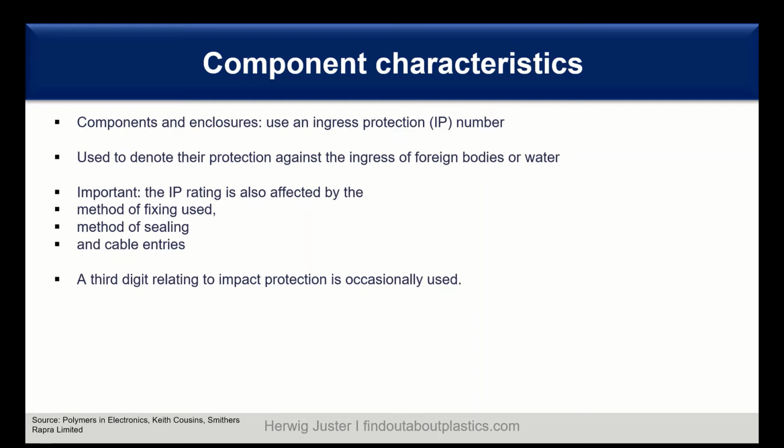And depending also on the IP rating, several other things are affected. For example, the method of fixing used, the method of sealing, and also when you have then cable entrance into the device. And sometimes, so you have always 2 digits, but sometimes there's also a third digit added to express the impact protection. So let's have a look.